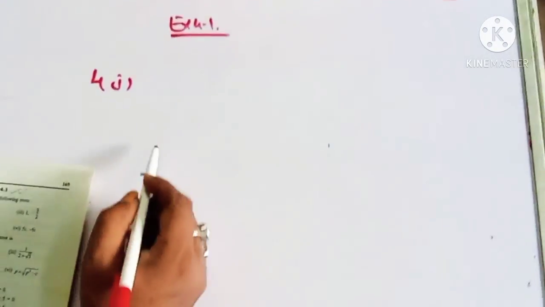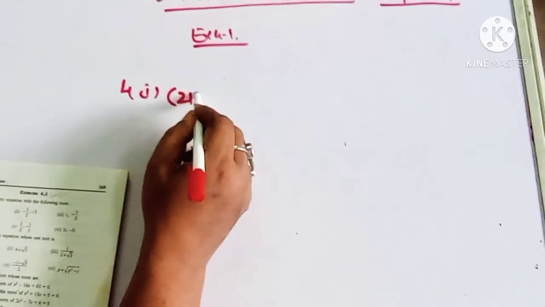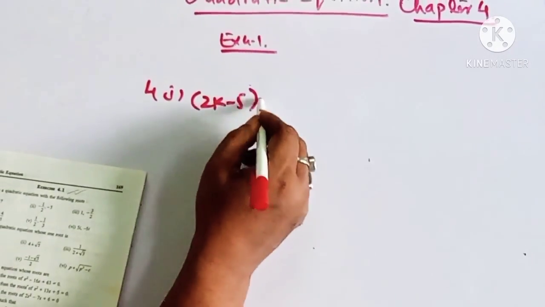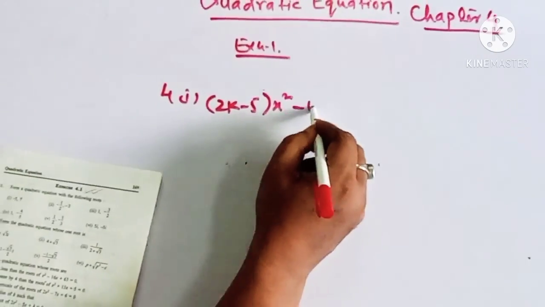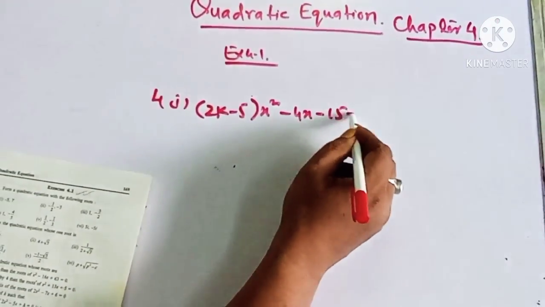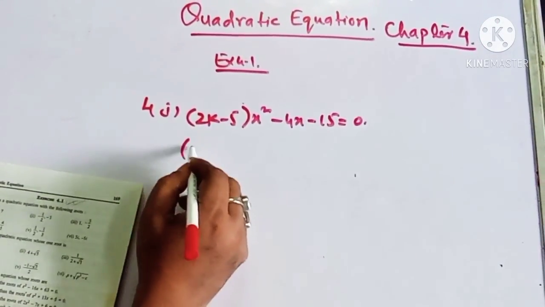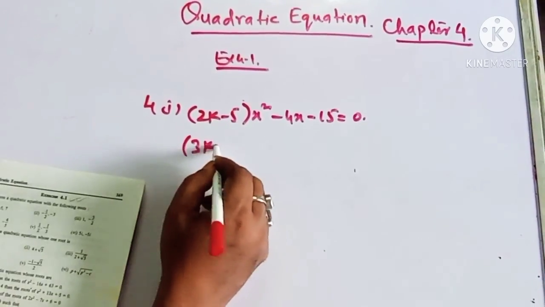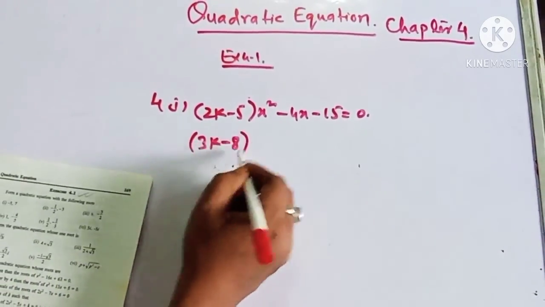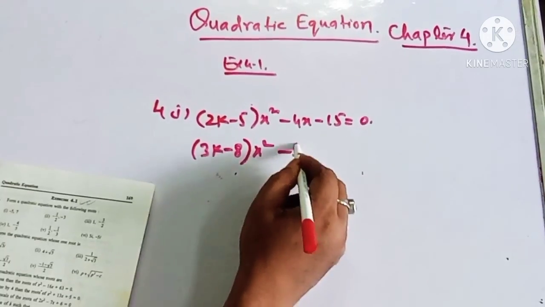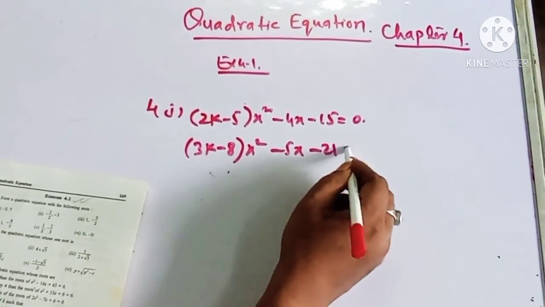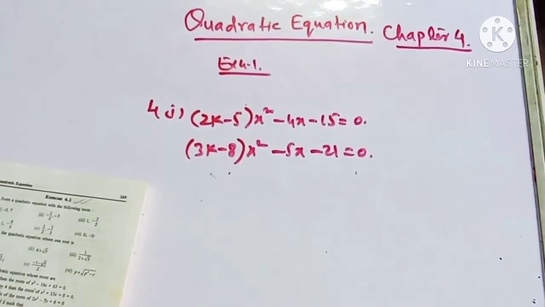The equations are (2k − 5)x² − 4x − 15 = 0 and (3k − 8)x² − 5x − 21 = 0. So they have a common root.